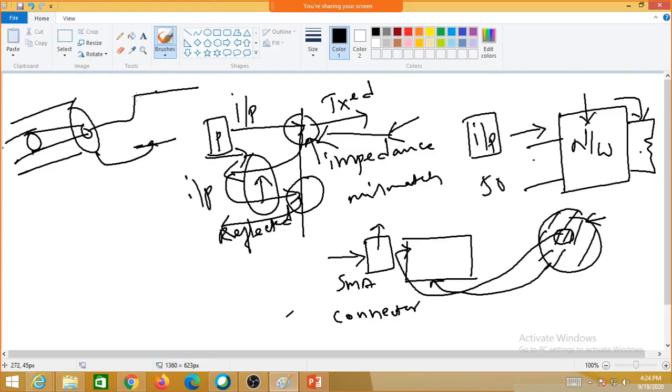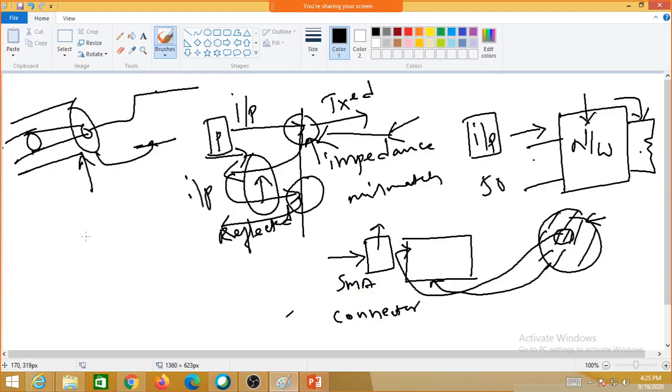So this may be a two conductor transmission line. Even the transition from this coaxial cable to the transmission line is very important. You need to take into consideration the impedance match between this two conductor system as well as the SMA connector.